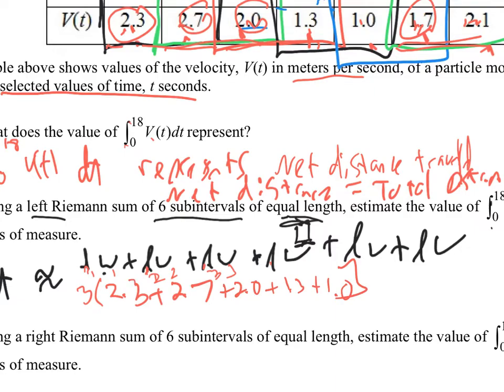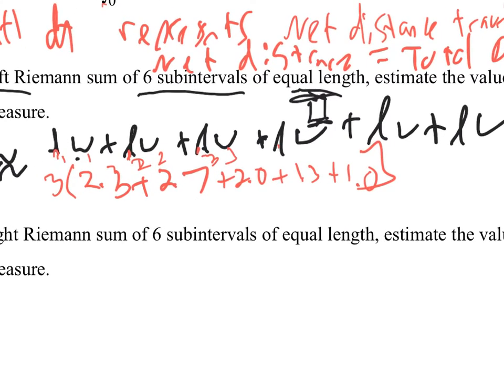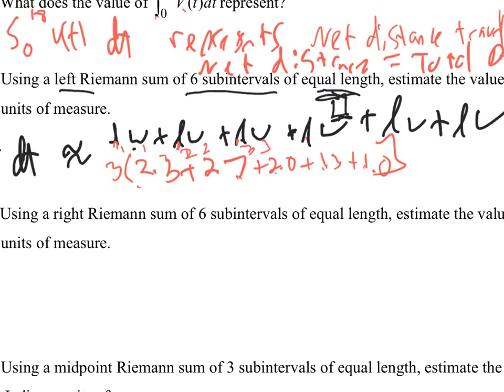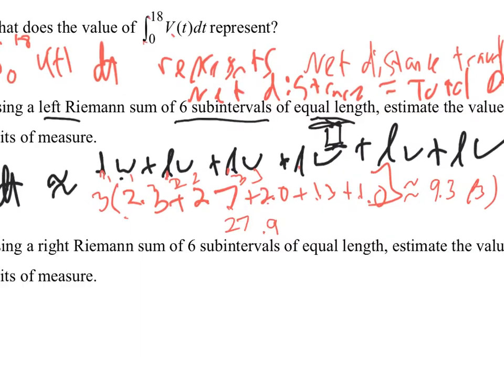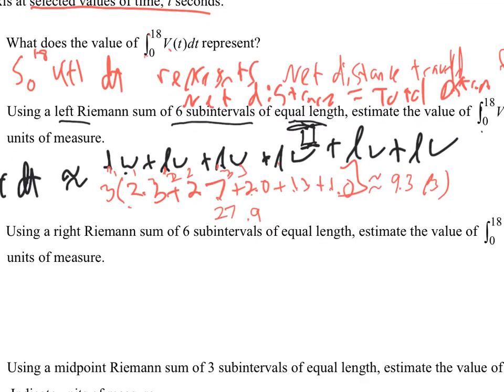Okay, so do I dare do it in my head? Every time I do it in my head, I always make a mistake. 2, 4, 6, 7, 8, 9. I think it's 9.3 times 3. That would be 27.9 units per meters.